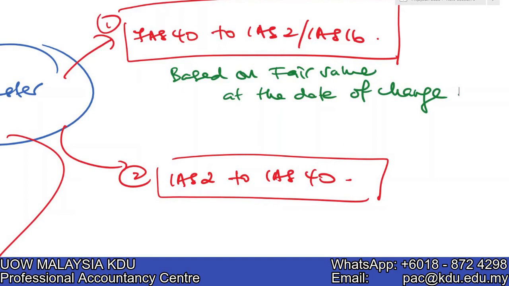Then 2 to 40. So if it's IAS 2, what value? Your stocks, what value should they be measured at? Lower of cost or NRV. So meaning, let's say, carrying value, isn't it? IAS 40, fair value. So at the date of change, will there be a difference? Yes, inventory is carrying value. IAS 40 is fair value. So the difference between the two values will be recognized where?